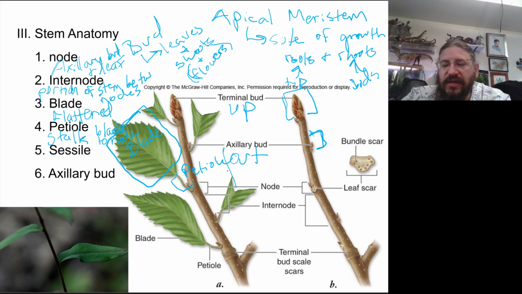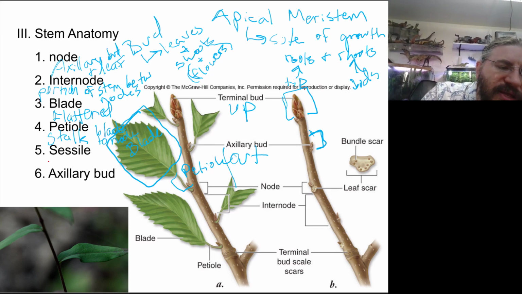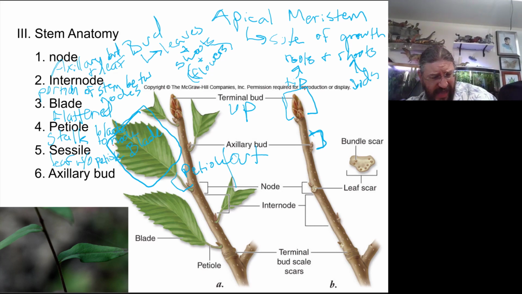Anyway, a leaf is referred to as sessile if it does not have a petiole. Sessile, a leaf without a petiole. Sessile means it can't move, right? Like a coral is a sessile animal. It is anchored into its substrate. It can't move on its own.